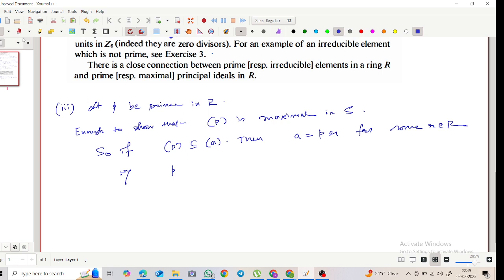Did I write it correctly? Just a minute. P is inside this, so P is equal to this. Sorry. Now P equals AR, right? Which implies P divides A or P divides R, as P is prime.